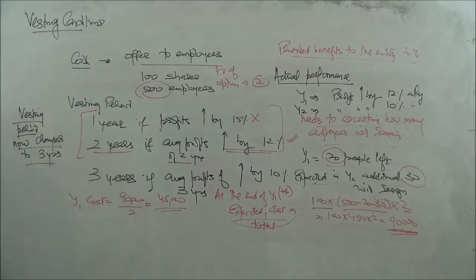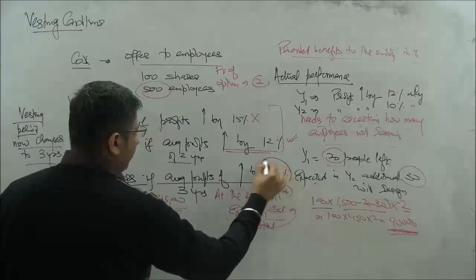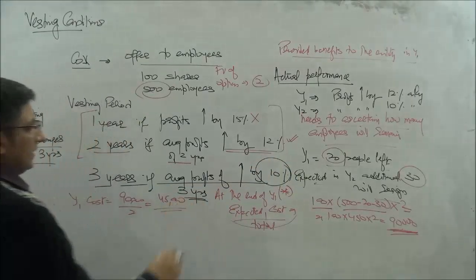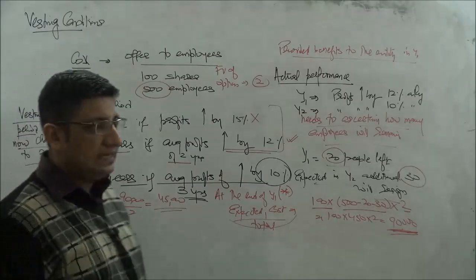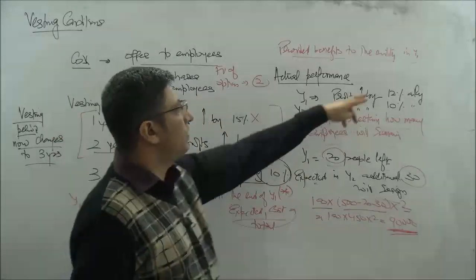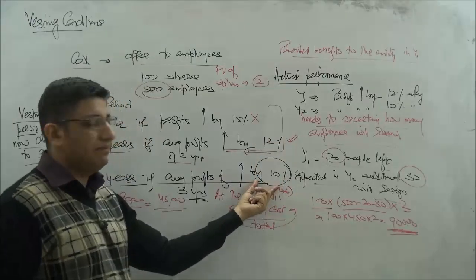Of course some people may have left here. So it is anticipated, it is expected that the average profits will be at least 10% over the third year. You look at the market factors, that there's a possibility that the profits which were 12% year 1, 10% year 2, average profit would come at 10% at least.